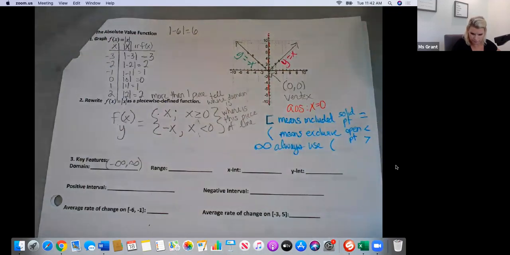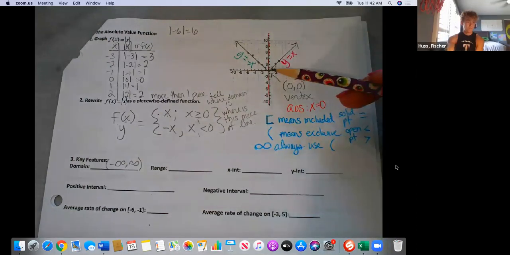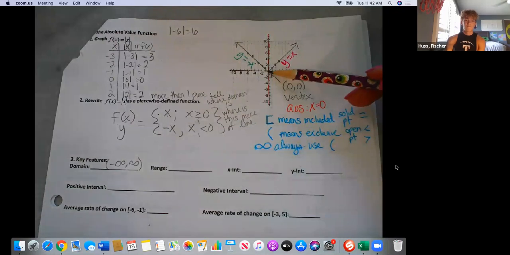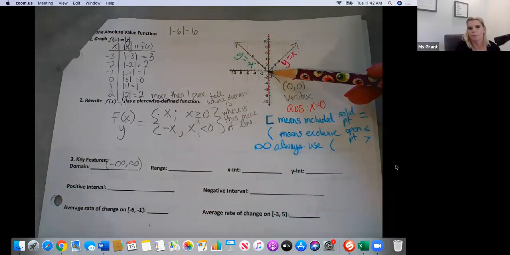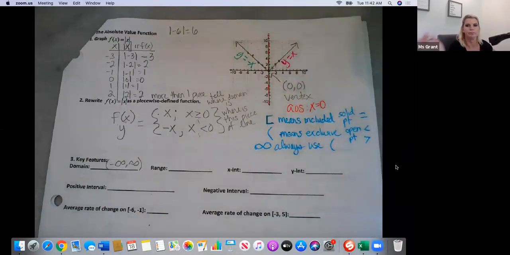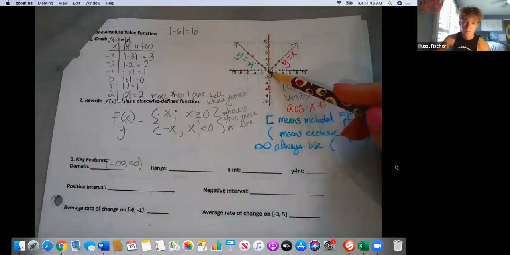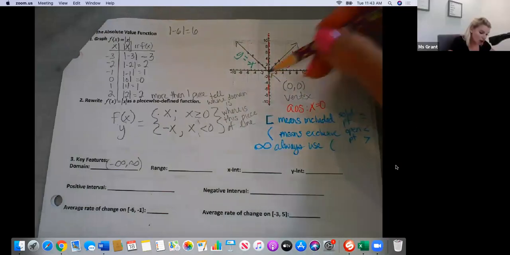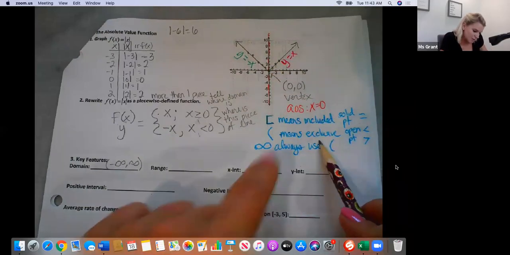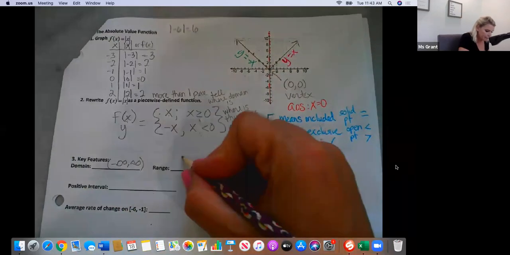Fisher, is 0 a closed circle or an open circle? It's closed, which means that it is going to be included, which means it's a bracket.